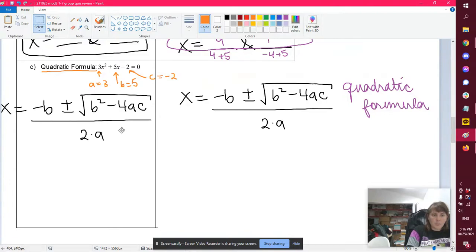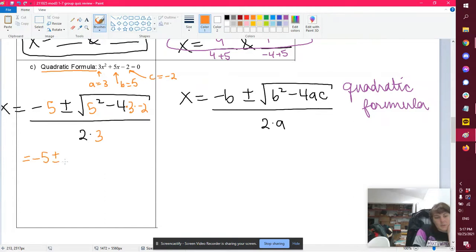Basically we get to copy and paste this equation, but every time I see b, I'm going to plug in a 5. Every time I see a, I'm going to plug in a 3. And every time I see c, I'm going to plug in negative 2. And now I simplify.